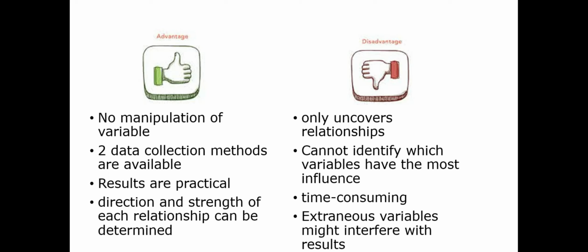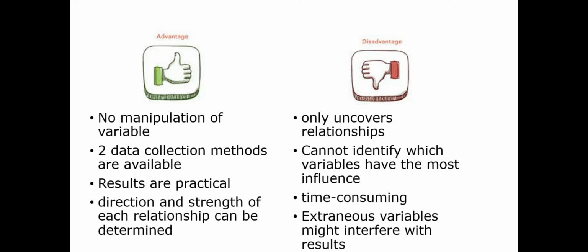Now, what are the limitations? Correlational research only uncovers relationships. So the benefit of a correlational research study is that it can uncover relationships that may have not been previously known. What it does not provide is a conclusive reason for why that connection exists in the first place.